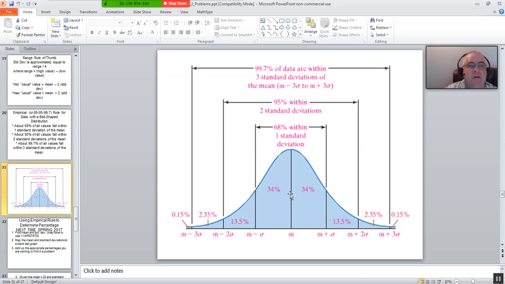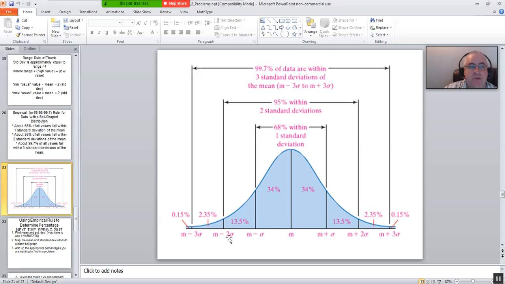Now here's how our percentages work out. Now this picture here should have the mu, the u with an extra line, but where I got this from had m there instead. So this you see is mu minus 1 standard deviation. This is mu plus 1 standard deviation, and you see that 68% of our data fall within 1 standard deviation.